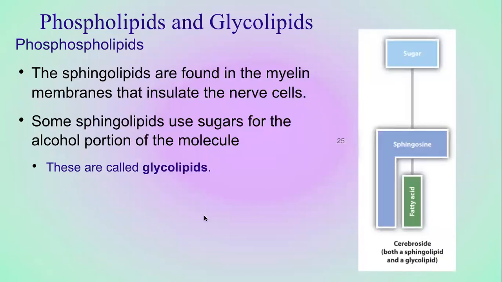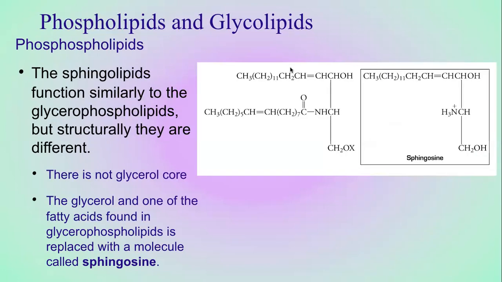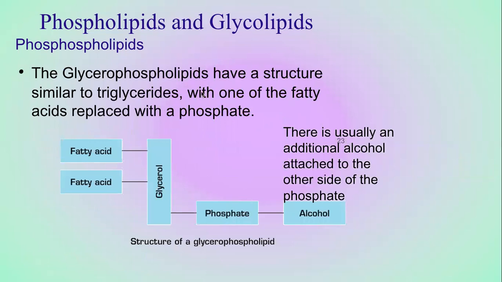And the importance of this is that sphingolipids are found in the myelin membrane that insulates the nerve cells. Some sphingolipids use sugars for the alcohol portion of the molecule. So in a glycerol phospholipid, we have this alcohol here, and in a sphingolipid, it could be a sugar molecule.